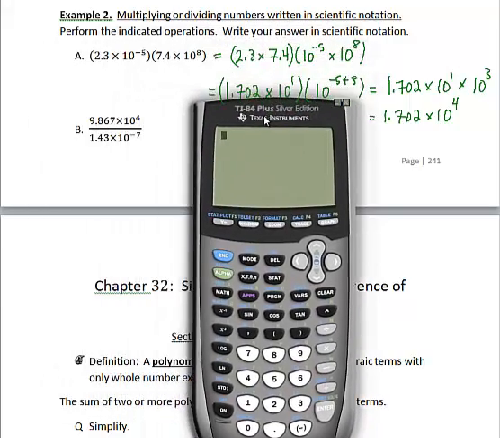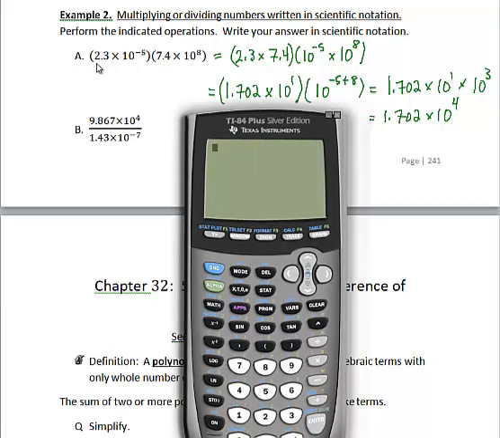Okay, I'm going to take the calculator and I'm going to type in these scientific notated numbers. 2.3, I'm going to use the E notation, which means that I don't write the times 10, I just put the exponent -5 immediately after the E. And then close the parentheses and I open a new set and I type 7.4 E for times 10 and then just the exponent, and I don't write the 8 as a superscript, and I hit enter, and it gives us what our answer should be in scientific notation. 1.702 times 10 to the 4.